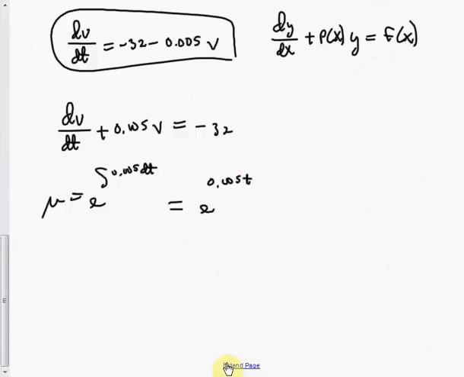We'll need the other part for the next part. So here, the integrating factor is this. So the left side is automatically the derivative of the product of the integrating factor times the dependent variable, which is v, is equal to negative 32 times the integrating factor.